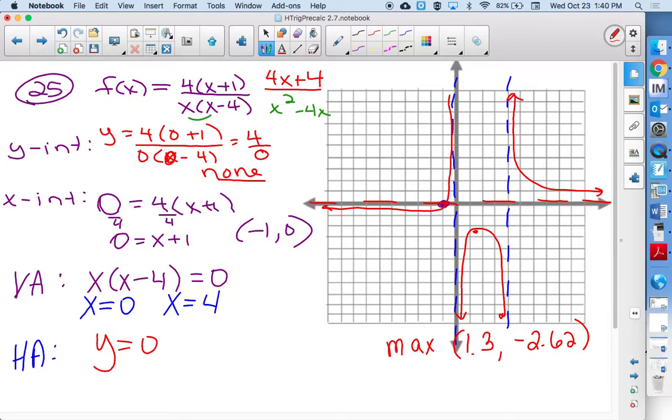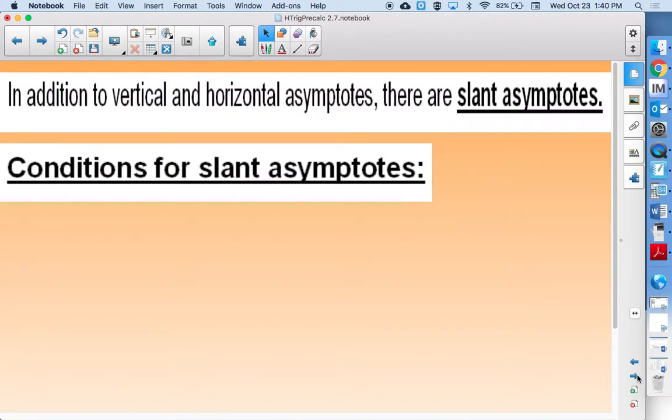I could have a horizontal, and then our final one is the slant asymptote. So, in your packet, find section 2.2, part 2, page 54. What page? 54.